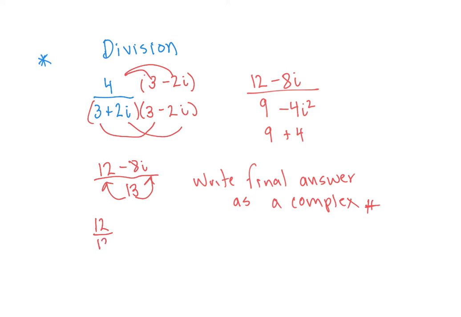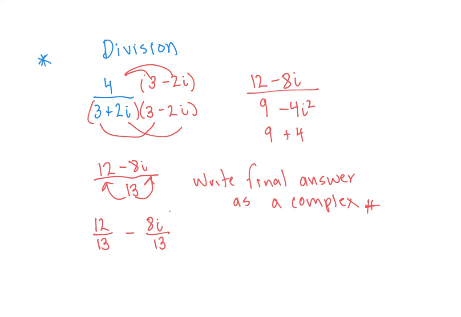So that means 12/13 is our real part, and negative 8i over 13 is our imaginary part. We can't write our number as a complex number when it was written in its original form. But whenever we have an imaginary number in our expression, we want to write that expression as a complex number. So we multiply the top and bottom. All right, so that's pretty much the entire section.